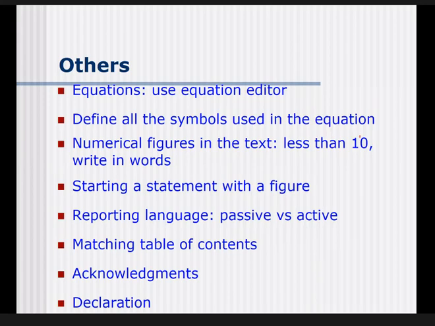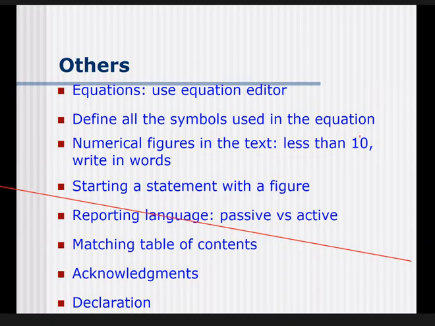And for numerical figures in the text that are less than 10, it's advisable that you write them in words. Six cows: I expect you to write "six" rather than numerical 6.